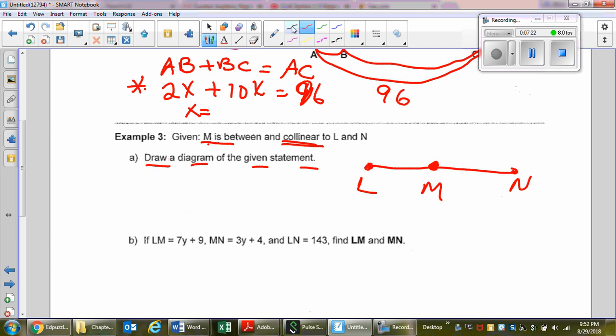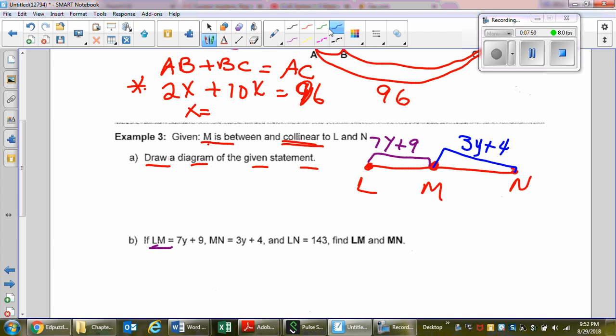So now I have here LM, from here to here, is given to be 7y plus 9, right? And then let's use blue. M to N is given to be 3y plus 4.